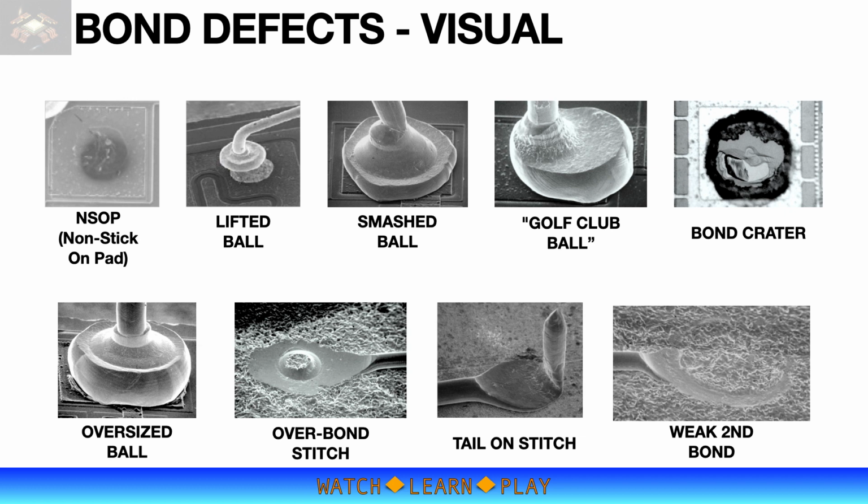The last image on the bottom right is a weak second bond defect. Visually, it looks weak because of the small and thin fishtail. The weak bond can be confirmed through wire pull tests. Also notice that the capillary impression is light and incomplete.